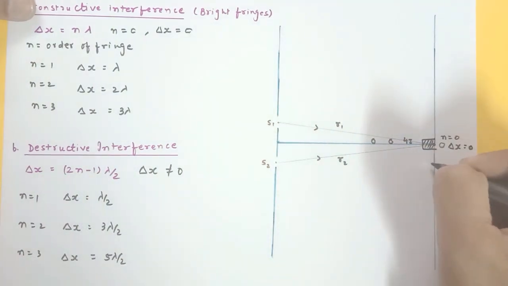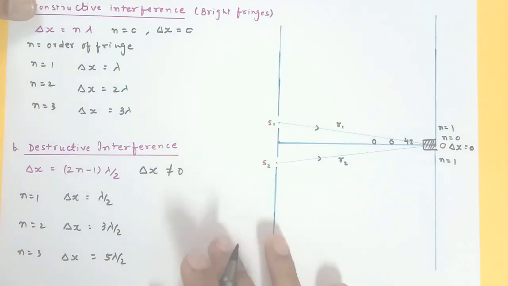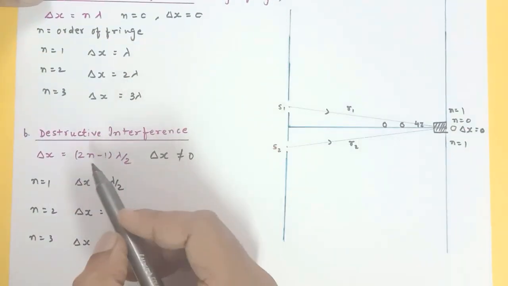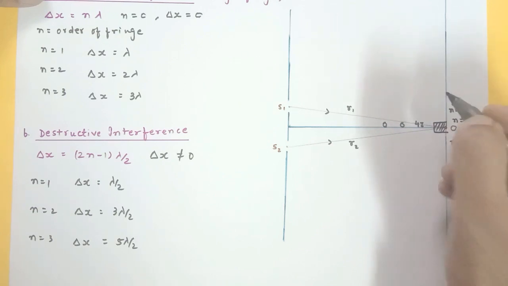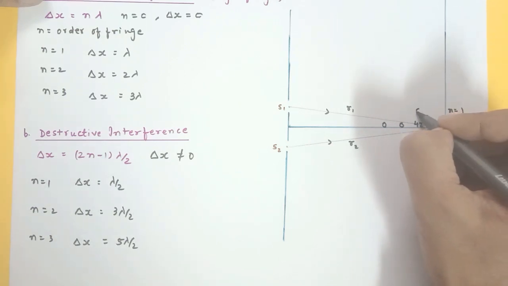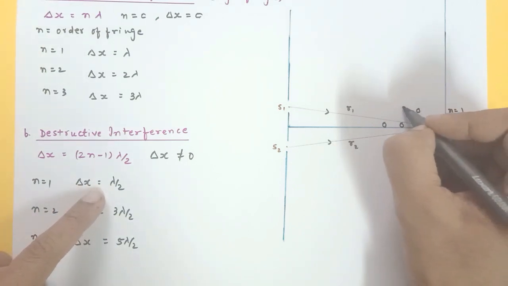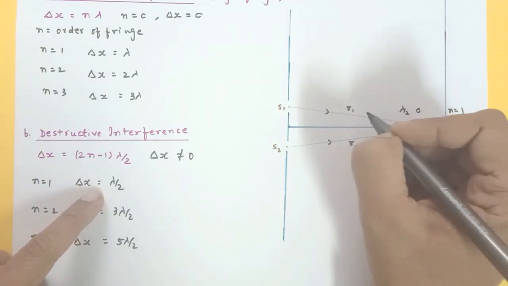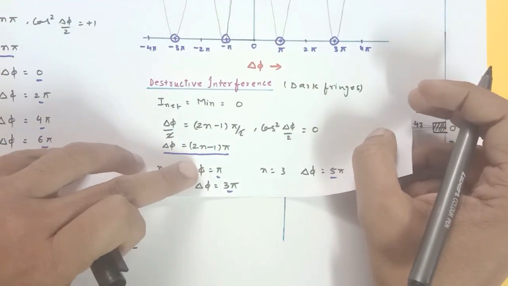Now, just above this one, we have the first dark fringe, n is equal to 1. So the first dark fringe is just above the central bright fringe and below the central bright fringe, where the intensity would be 0, path difference would be lambda by 2, and the phase difference, as we have already discussed, would be pi.